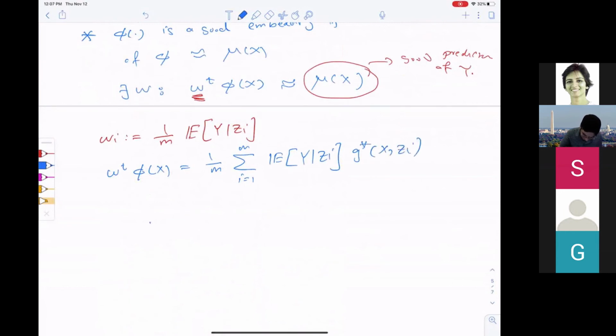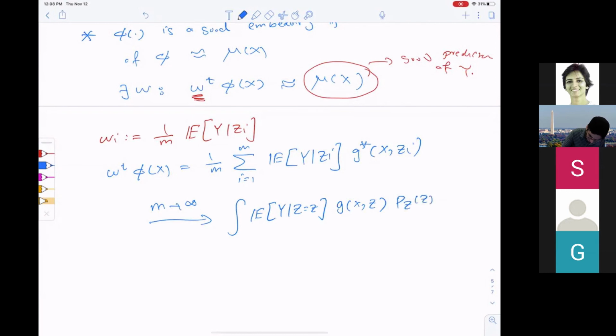Now, if m is large, if m goes to infinity, the summation would converge to an integral. So I'll basically have an integral of the expectation of y given z, for a particular z, times g of x and z, times p of z, dz. What is this term?